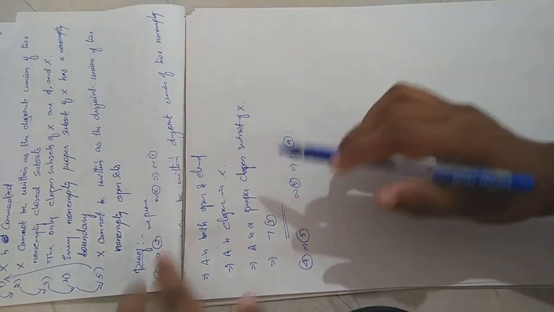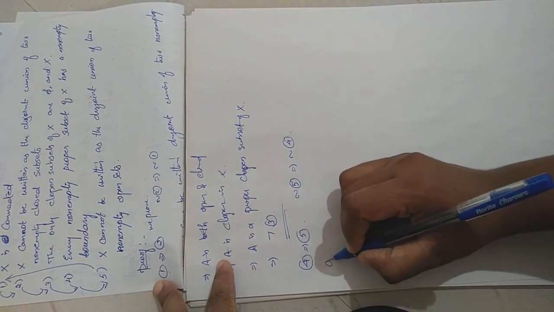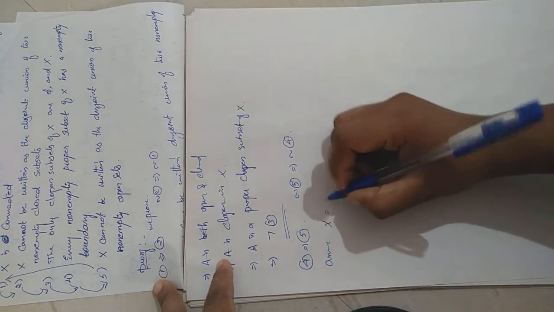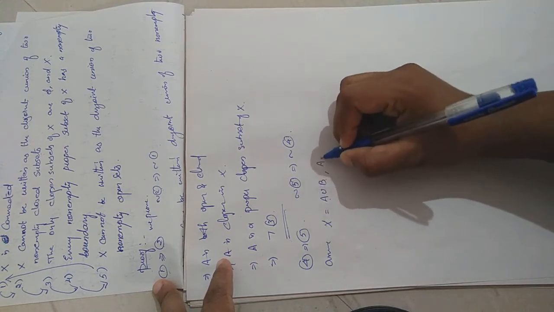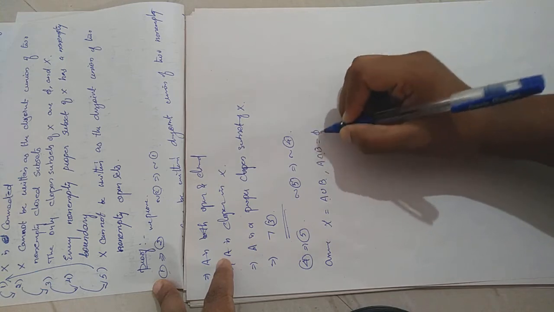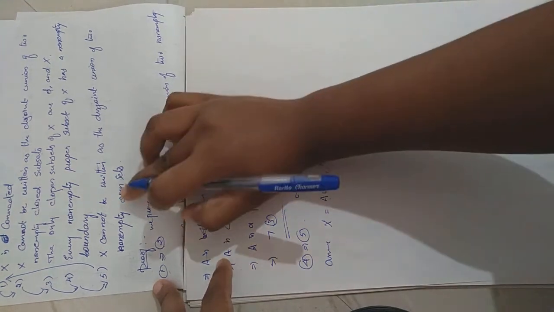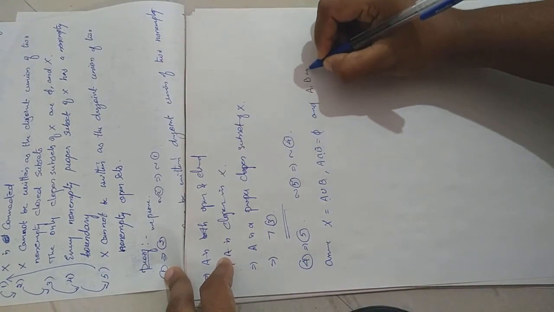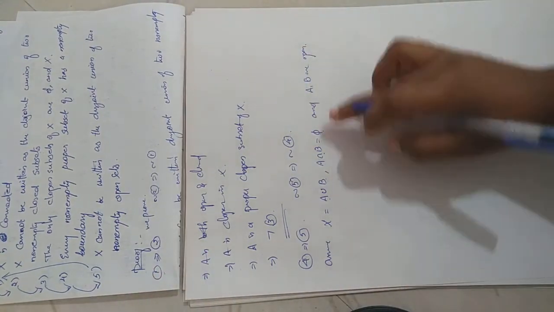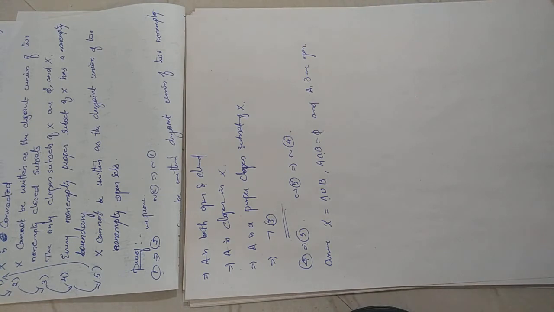So what will be the negation phi? Assume X can be written as the disjoint union of two sets A and B. Disjoint means their intersection is empty, and A and B are open sets. So this is the negation statement of the fifth one.